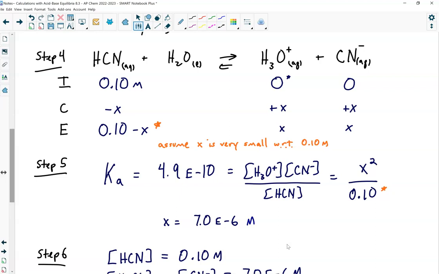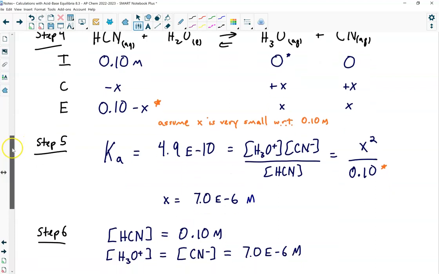Look at that, that is very small with respect to 0.10, so the assumption was good. X is not within 5% of the value 0.10. Now, this question asks for the concentration of everything at equilibrium, and so this is where these next steps are going to go.